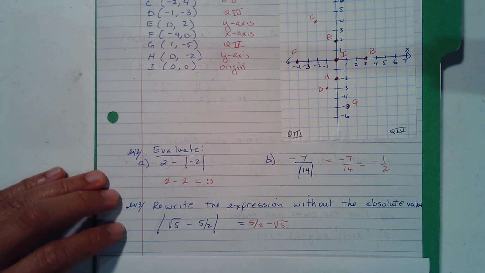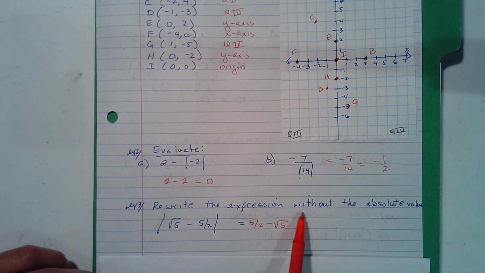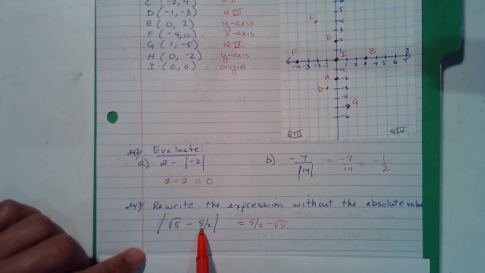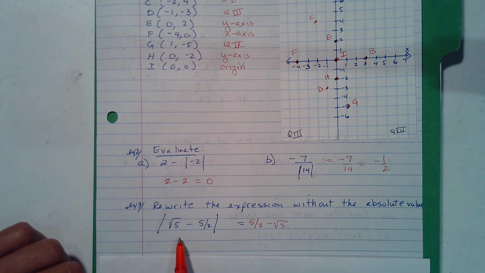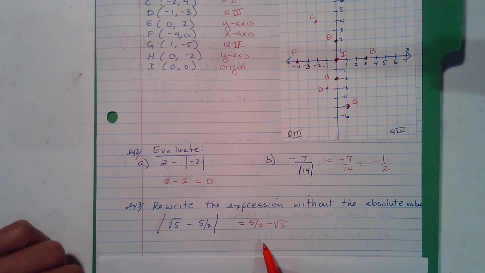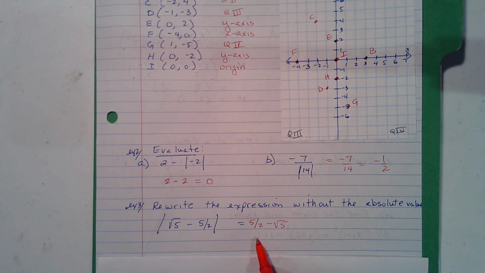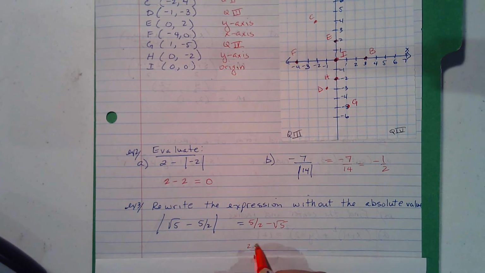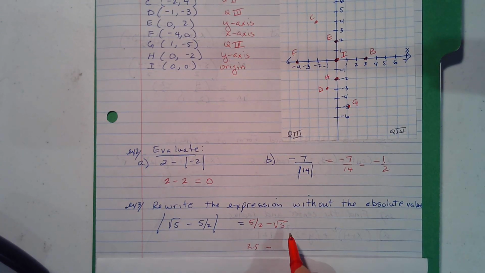All right, so example 3, rewrite the expression without the absolute value. So this is the absolute value of the square root of 5 minus 5/2. Since the absolute value is a distance, we have to make sure that the value is always positive. So what I did was figure out 5/2, which is 2.5, minus the square root of 5.